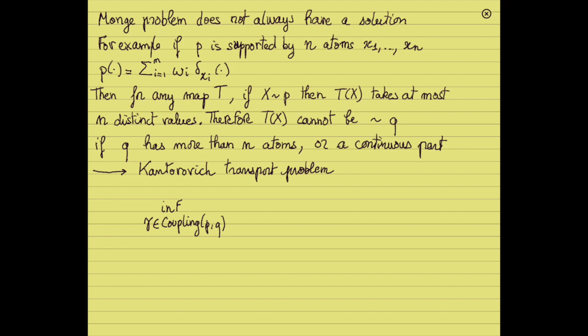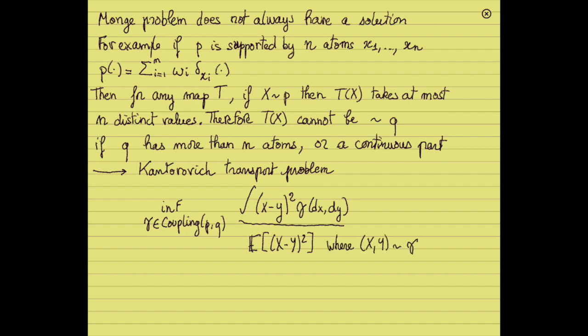So we introduce the infimum over all couplings gamma of the distributions P and Q of the integral of the squared norm of x minus y with respect to the coupling gamma. Of course, we can recognize this integral as an expected squared difference between x and y, where the pair (x, y) follows the coupling gamma.